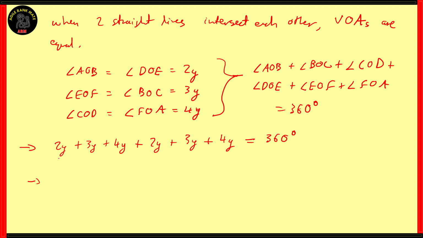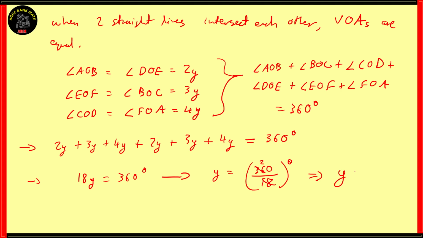Now, when we simplify the left-hand side, it will be 2 plus 3 plus 4 plus 2 plus 3 plus 4. So 2 plus 3 is 5, 5 plus 4 is 9, and it's repeated twice, so 9 times 2. So the left-hand side would be 18y, and the right-hand side is 360 degrees. So y equals 360 over 18, and the unit is degrees. 18 goes into 36 twice, so it goes into 360 20 times.